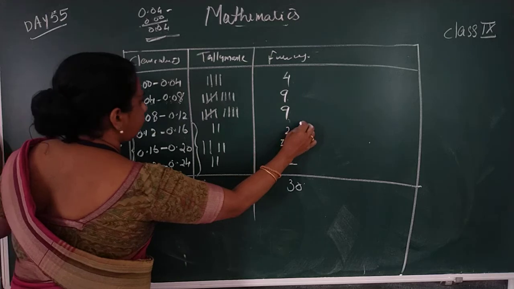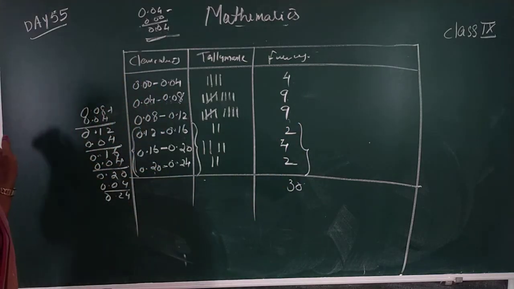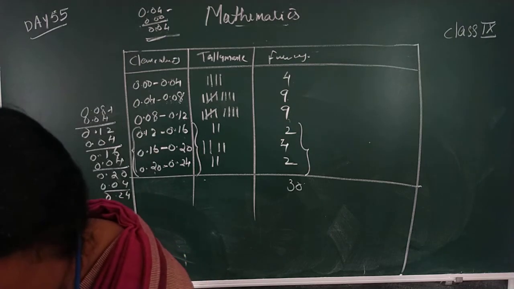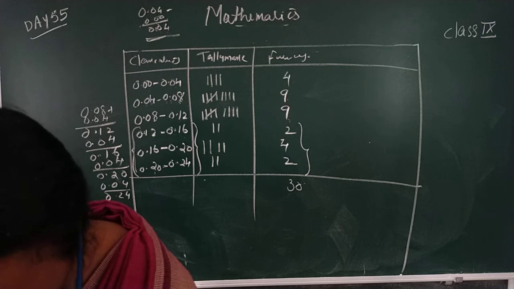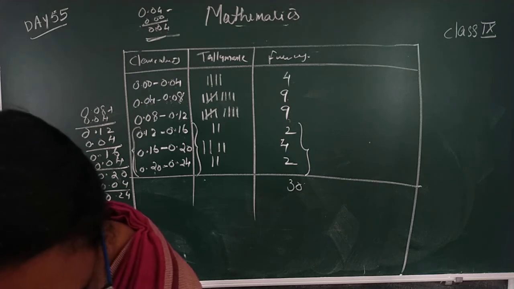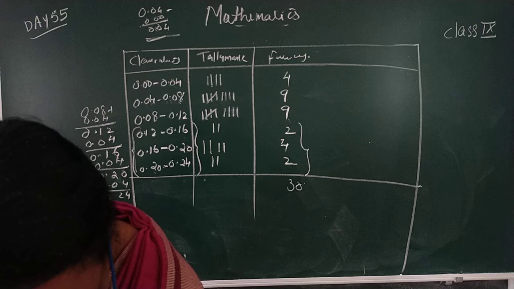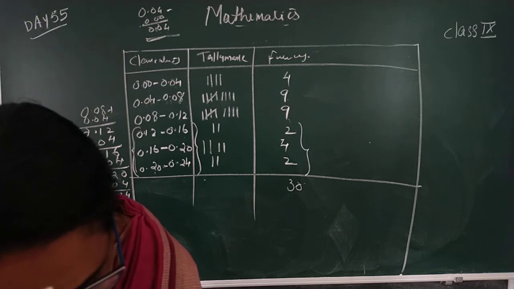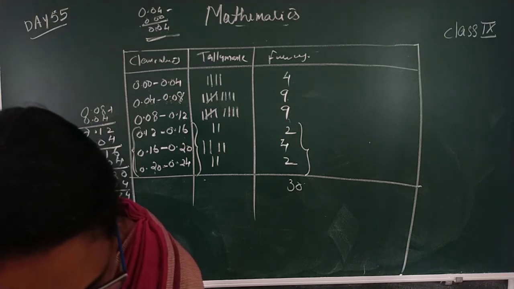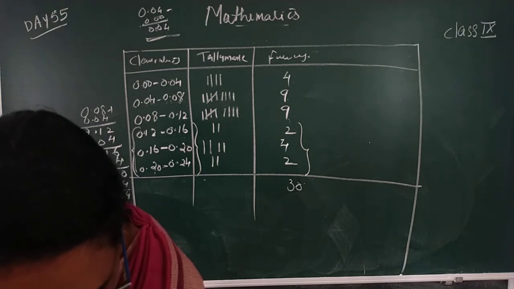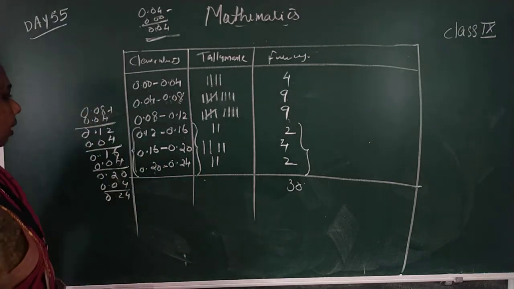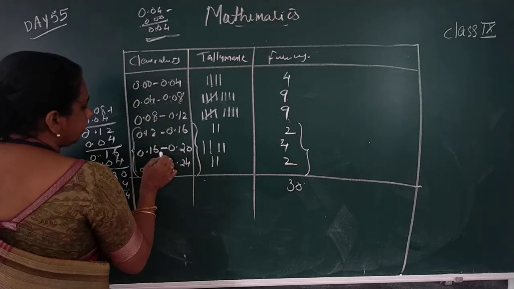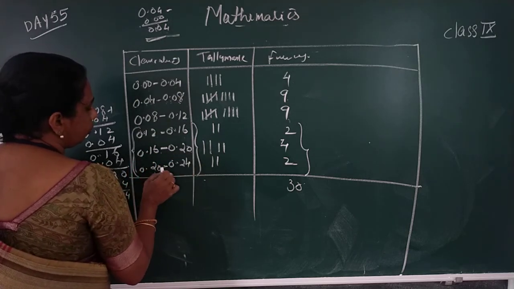Then you have to find out the frequency. That is, the question is, how many days is the concentration of sulfur dioxide more than 0.11 ppm? In the table we have to add the frequencies of the class intervals 0.12 to 0.16, 0.16 to 0.20, 0.20 to 0.24.